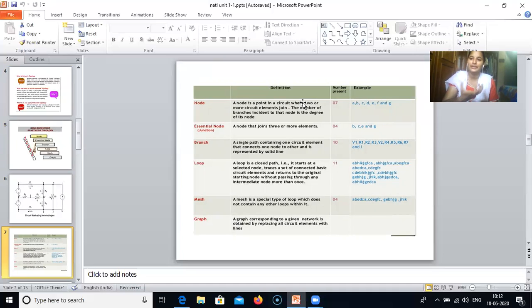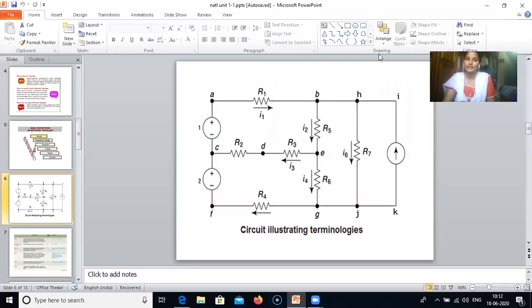I have told you that an electrical circuit is represented by line segments. That is nothing but a graph. So how to draw a graph of a network? See, this is a simple network. So how to draw a graph for this? Either resistor, inductor or capacitor, all the three must be replaced by simple line segments.